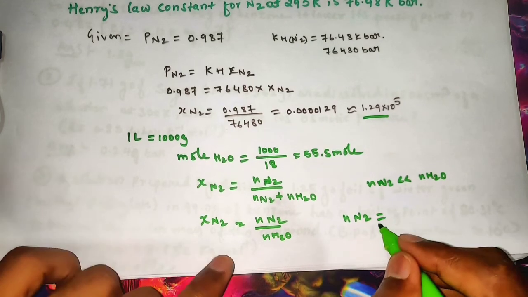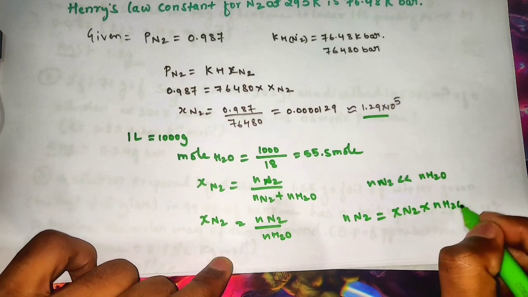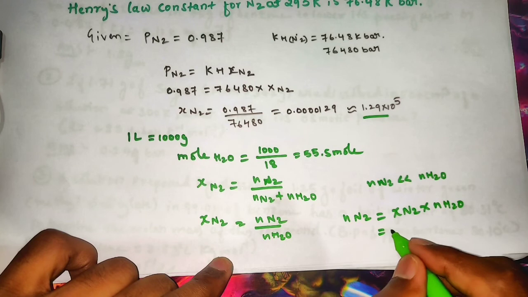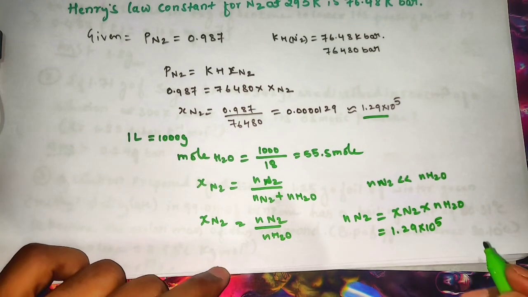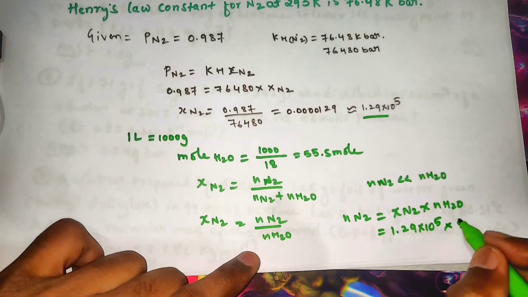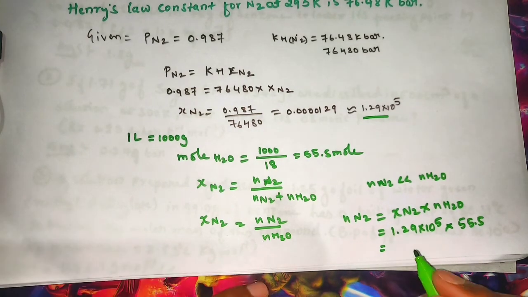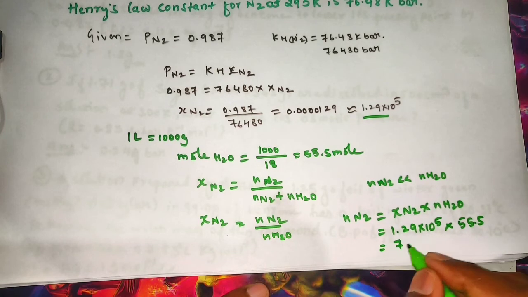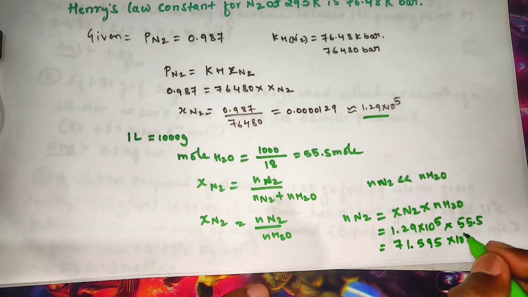NN2 is equal to XN2 into NH2O. XN2 we know is 1.29 into 10 to the power of 5, and NH2O we also know, that is 55.5. If you calculate, we will get 71.595 into 10 to the power of 5.